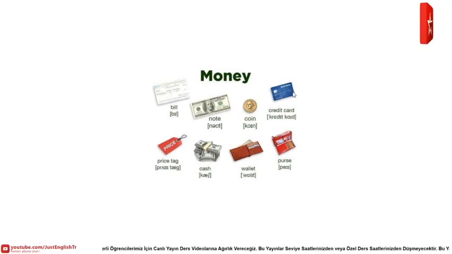So a price tag is a piece of paper or plastic or something where you can see the price of something on it. How much does it cost? It costs, for example, 50 euros or 100 Turkish liras or $150.